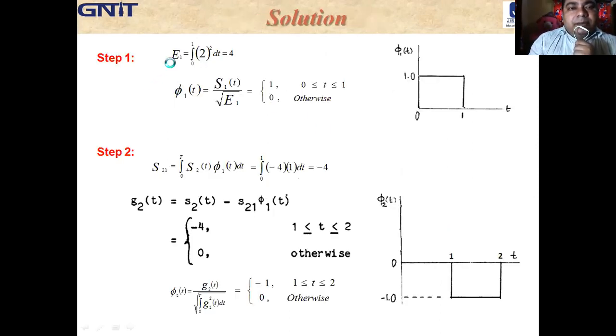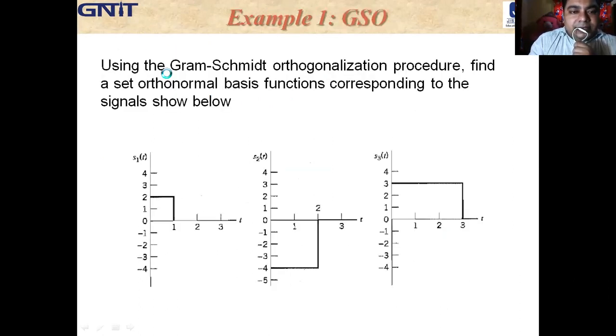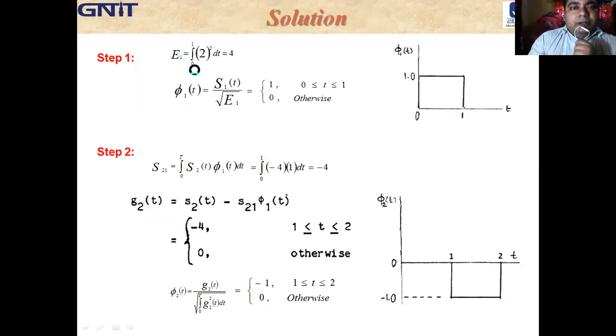So first determine the signal energy of signal S1t, denoted as E1, which is the integration from 0 to 1 of s1 square t dt. So the integration from 0 to 1 of 2 square dt, that is 4.